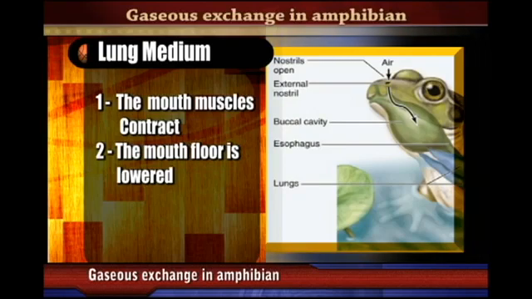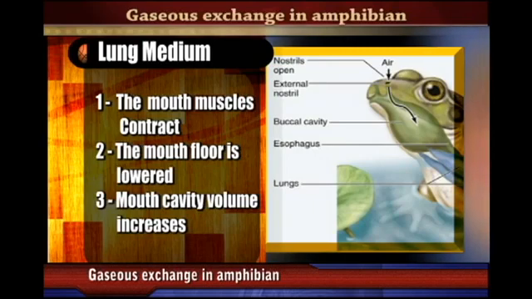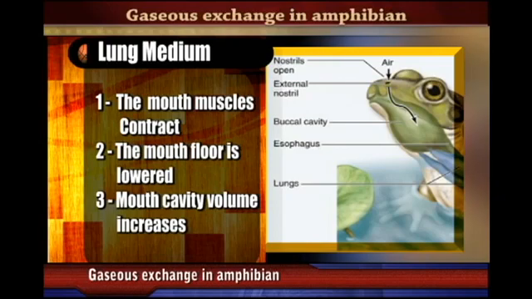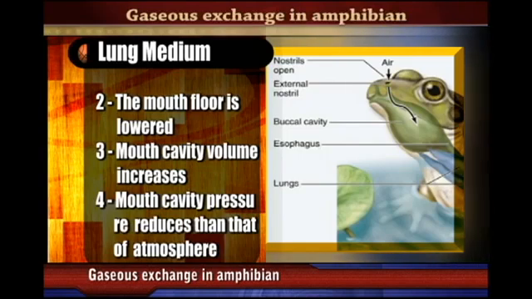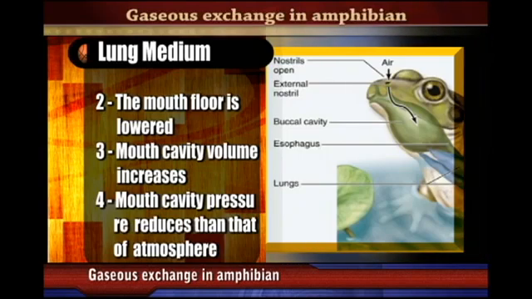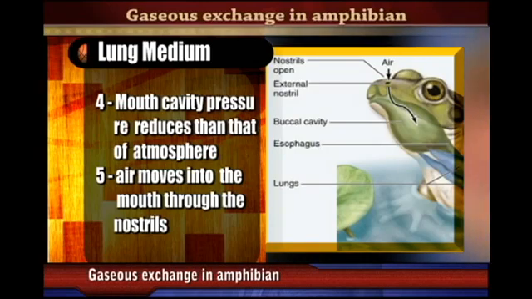In the process, the volume of the mouth cavity will increase, and an increase in volume means a reduction in pressure. The pressure of the mouth cavity will reduce below that of the atmospheric pressure, and air moves into the mouth via the nostrils.